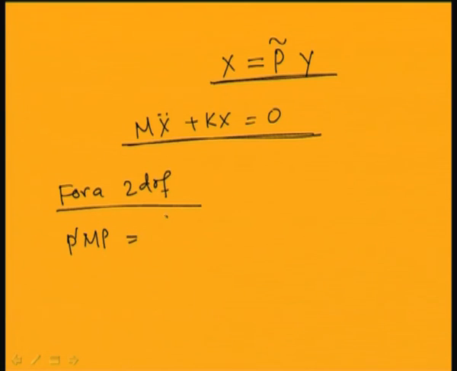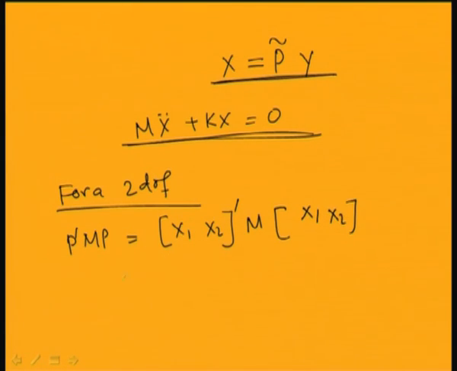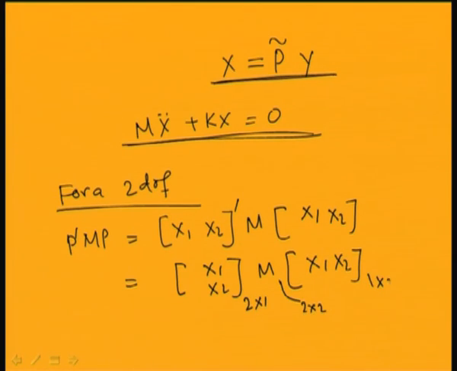P dash MP will be equal to x1 x2 transpose, m, and P equals x1 x2. The dimensions: m is 2 by 2, and each of x1 and x2 is 2 row 1 column.